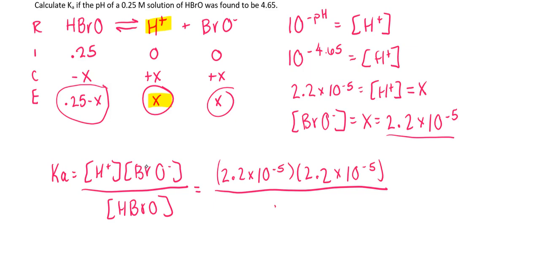And again, I'm just going to use the initial concentration of my weak acid. I'm going to assume that X is negligible. And when we solve, I should get 1.9 times 10 to the negative 9th.